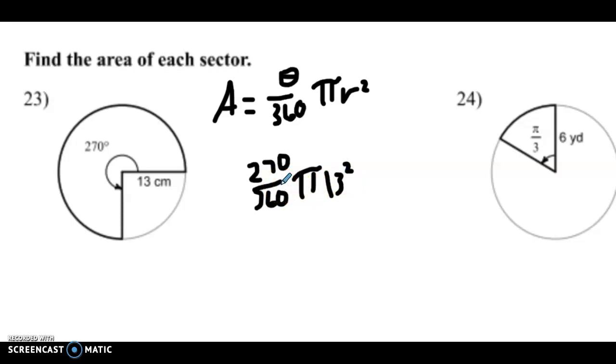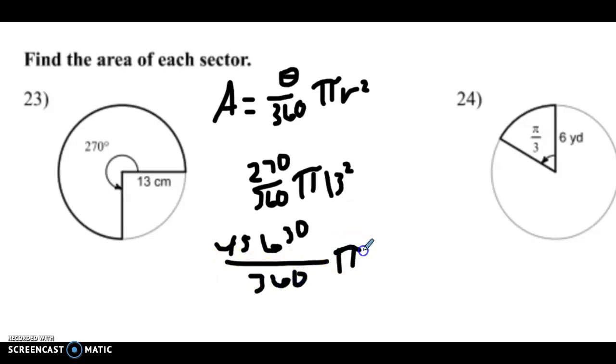So we have 13 squared times 270 is 45,630. Sorry, my handwriting is not so great here. Over 360 pi. And then that reduces to 5077 over 4 pi.